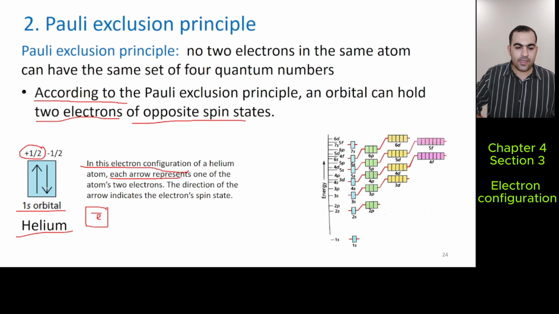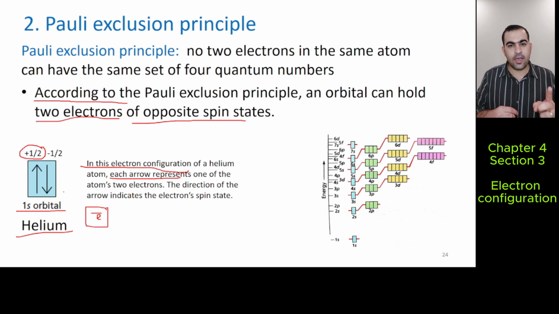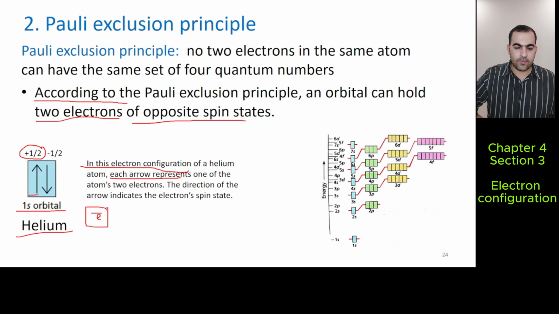According to Pauli, it must have a different spin state. If there is one electron, it's what? And we start from the left. It must be upward, it must be clockwise. The next one will be downward. The direction of the arrow indicates the electron spin state.